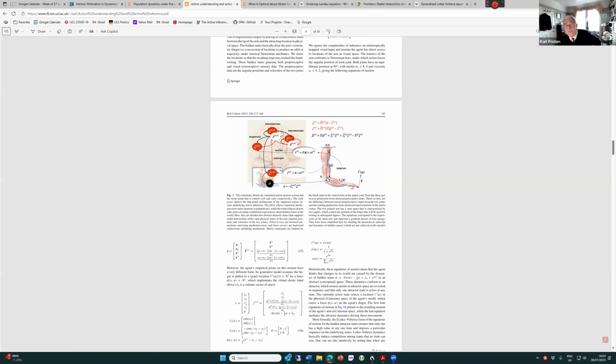And that's what I meant by that in physiology. That's called the equilibrium point hypothesis, where you specify the set point or the equilibrium point of your reflex, and then if you want to move something, you just change the top-down set point. And physiologically, that's how we work.